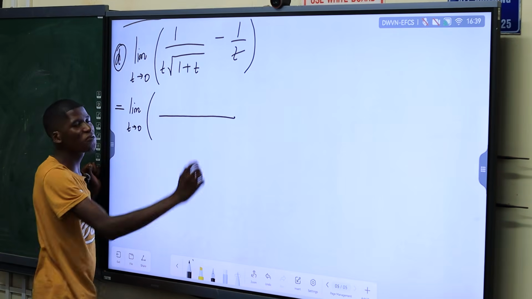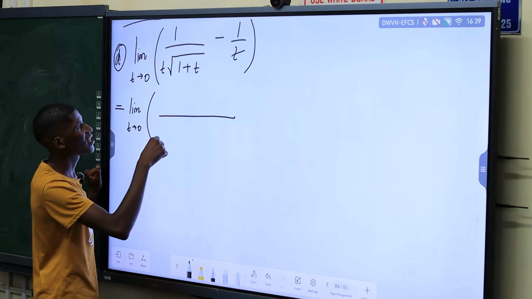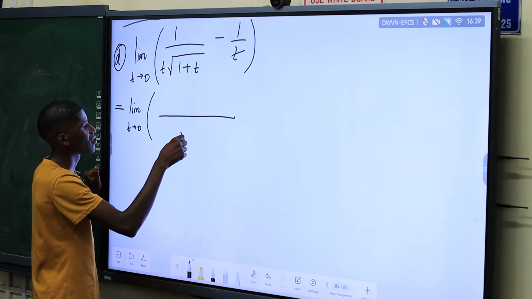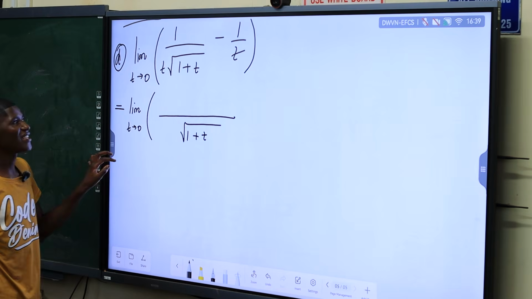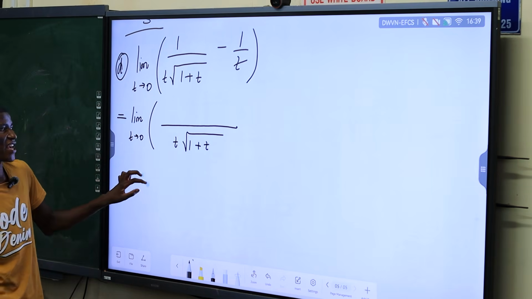This is a combination of two fractions. Make it one term by using what? By using the common denominator. Just this one is enough as a common denominator, right? t times the square root of 1 plus t.